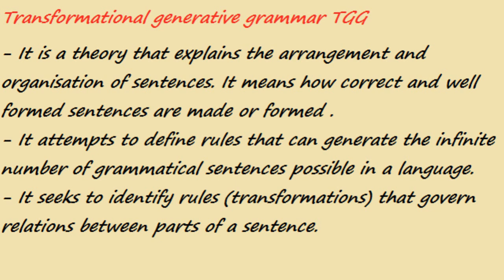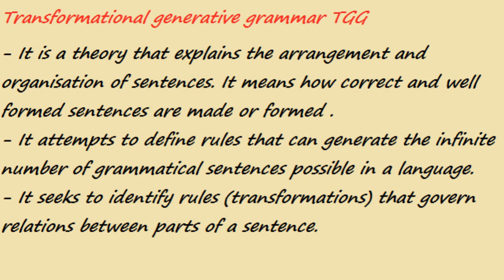Transformational generative grammar is a theory that explains the arrangement and organization of sentences. It also means how correct and well-formed sentences are formed. It attempts to define rules that can generate the infinite number of grammatical sentences possible in language.